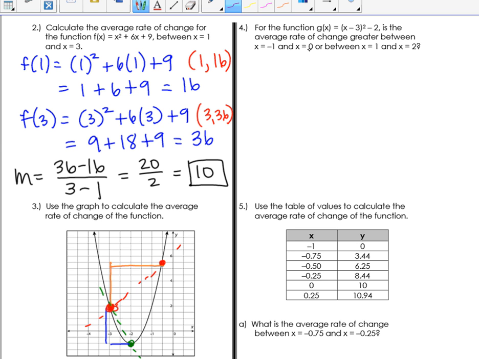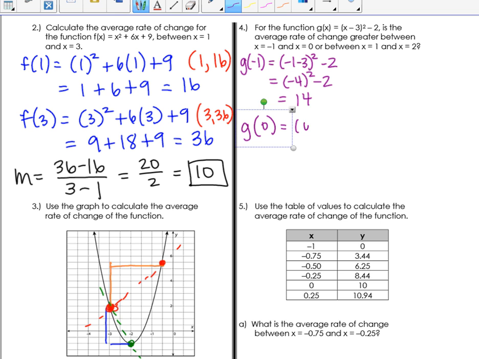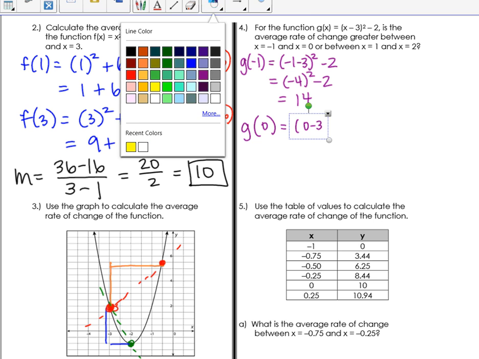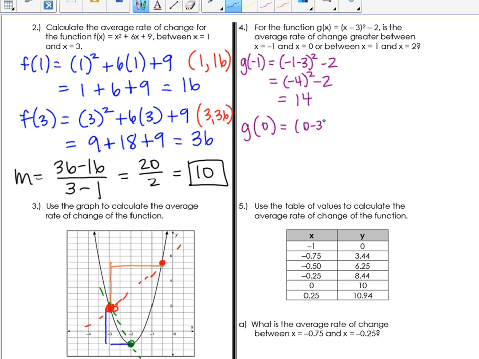So for when x equals -1, g of -1, since our function is g, is (-1 minus 3) squared minus 2. So you get (-4) squared minus 2. (-4) squared is a positive 16, minus 2 is 14. And then g of 0 is (0 minus 3) squared minus 2.